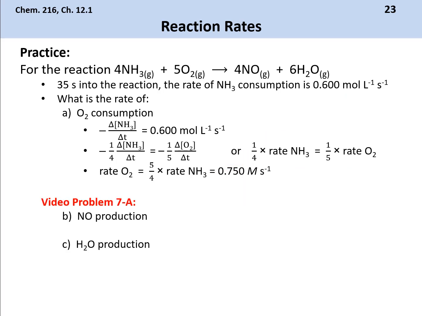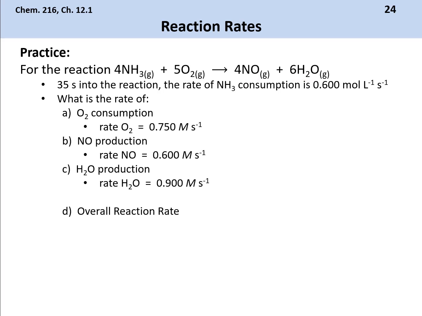Okay, so what I'd like you to do now is video problem number 7A. In 7A, you're going to figure out the rate for NO production, and then also for H2O production. Once you get those, look at the video, and try to understand.